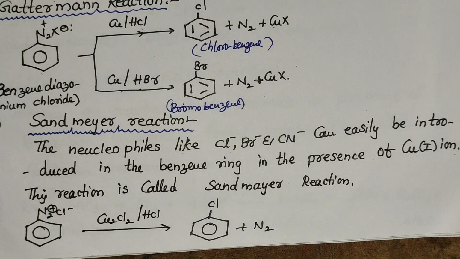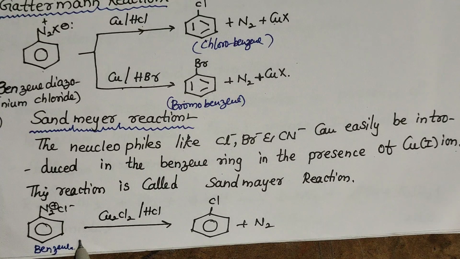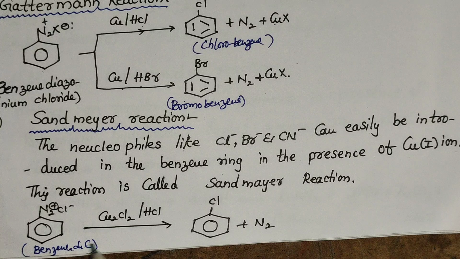Remember, here also we use benzene diazonium chloride. It reacts with HCl in the presence of copper chloride, Cu2Cl2. What happens? Chlorobenzene is formed.